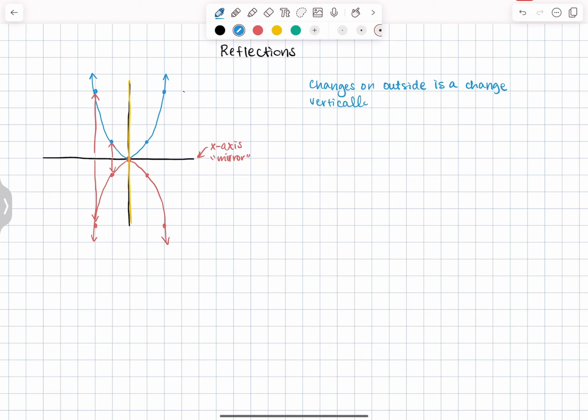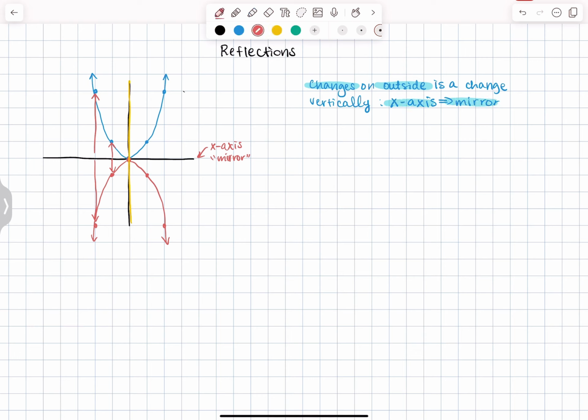In other words, the x-axis equals mirror. So important points: changes on the outside, we have the x-axis, that's the mirror.